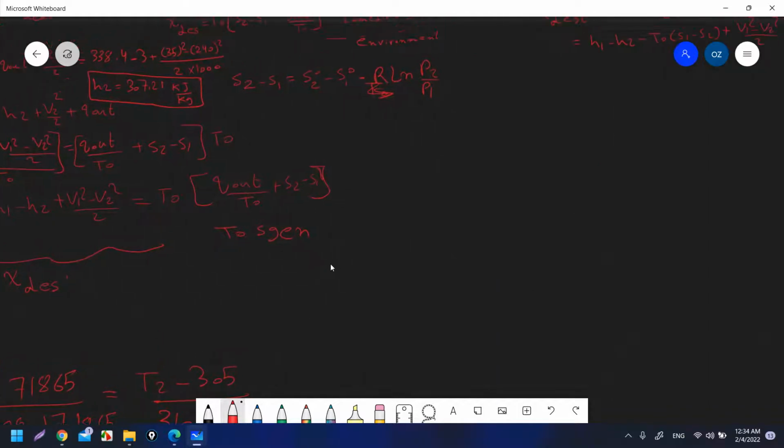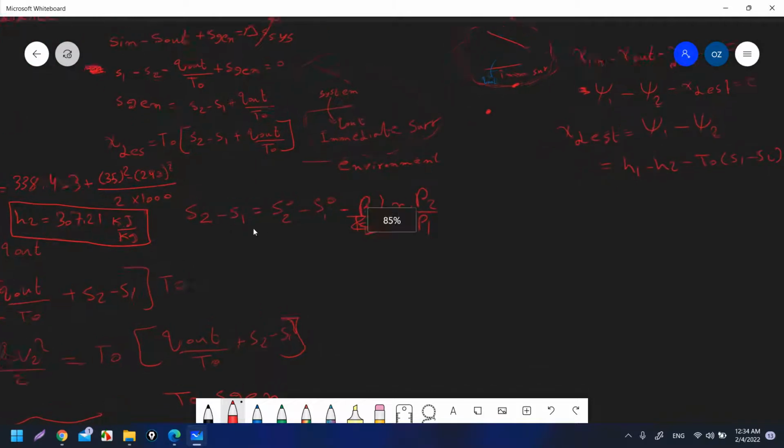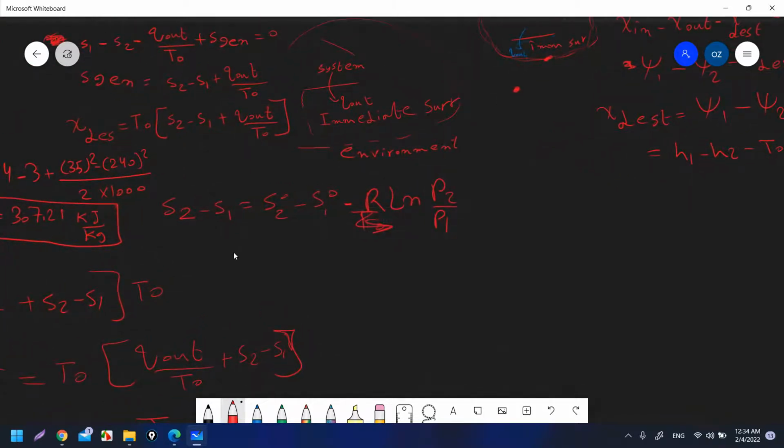So we want to find the Exergy destroyed, so we'll use the equation for the Exergy destroyed, this one. But before, we have to find S2 minus S1.